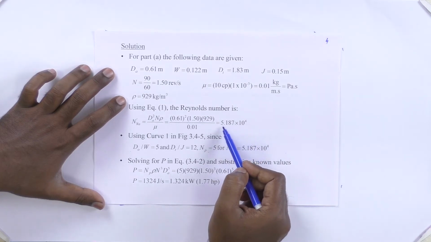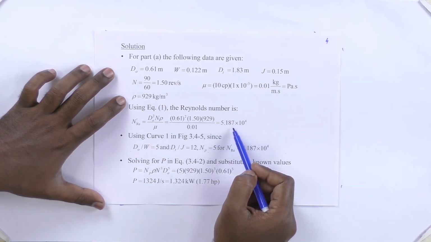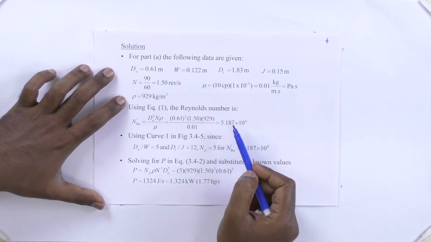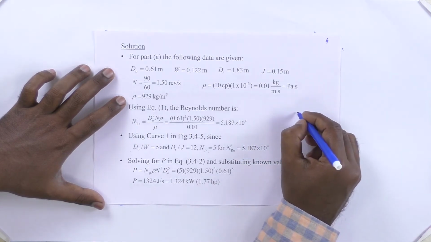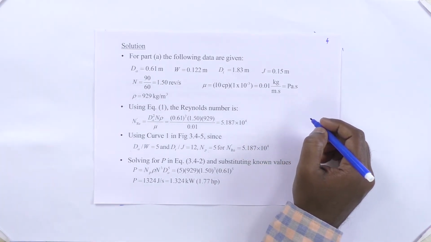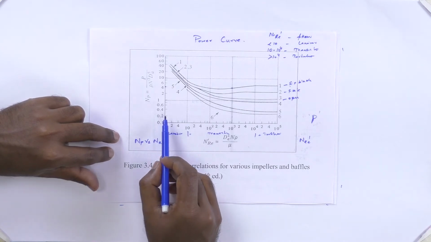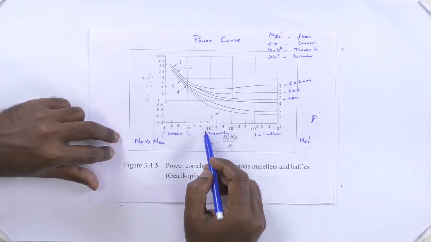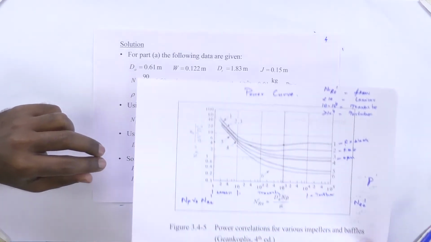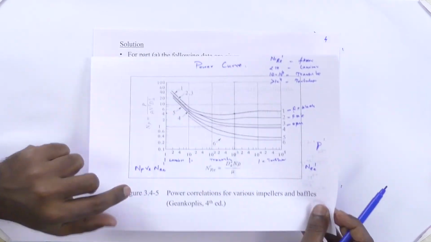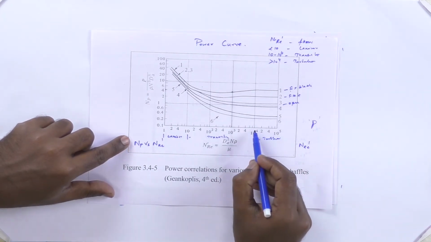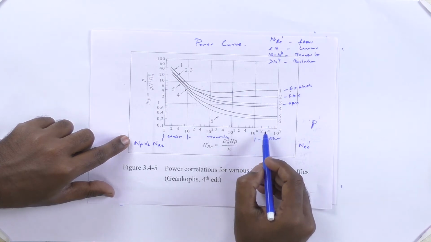So using this Reynolds number value, we are going to find out the power number. For calculating the power number, you need to go to the power graph. So this is the power graph. The value is 5.187 into 10 to the power of 4. First we need to go to 10 to the power of 4, and in this, 5.187.